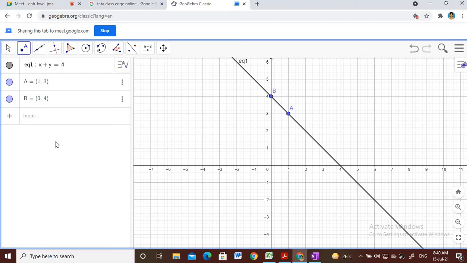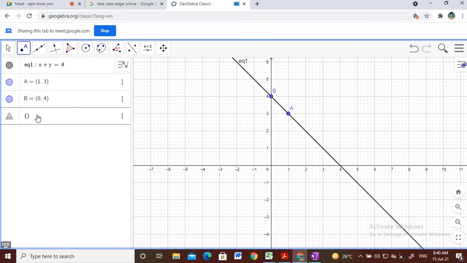Here the equation is representing a line. x plus y is equal to 4 represents one straight line.